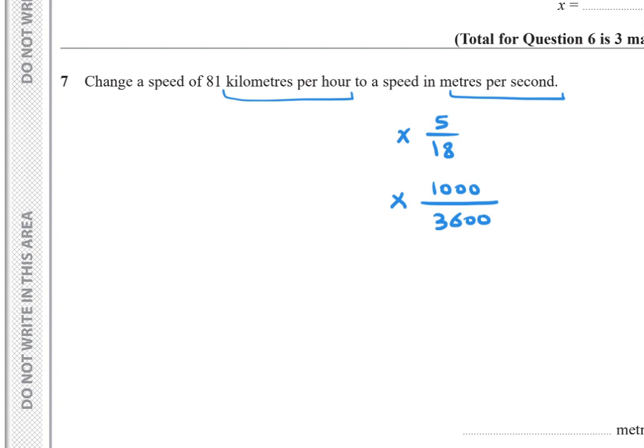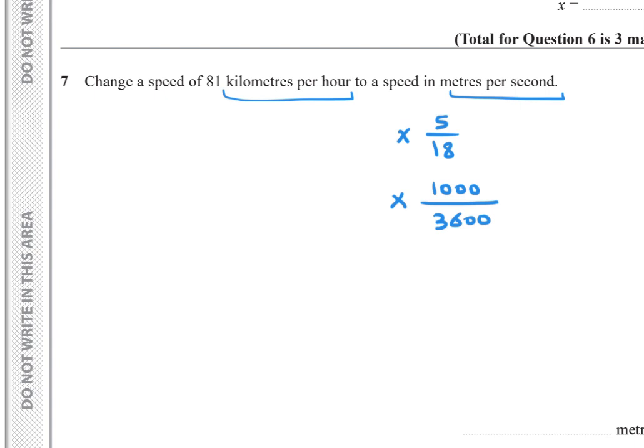Because to convert from kilometer to meter, multiply by 1000, and from hour to second, multiply by 60, multiply by 60, so multiply by 3600. So 5 over 18 is the simplest form for 1000 over 3600.